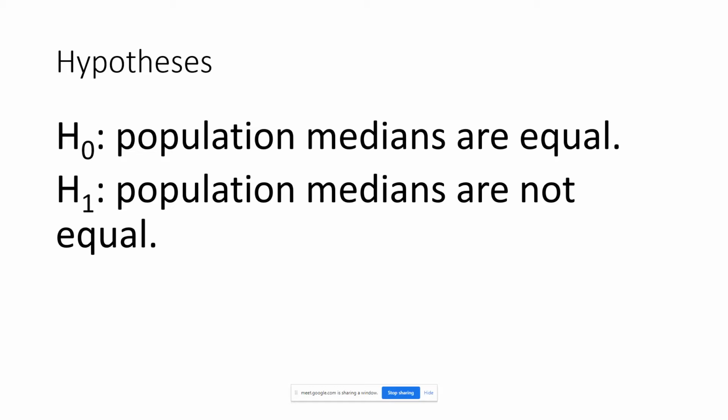So examples of where we can apply the Kruskal Wallis to certain problems: for example, you want to find how test anxiety affects actual test scores. The independent variable, test anxiety, let's say, has three levels.